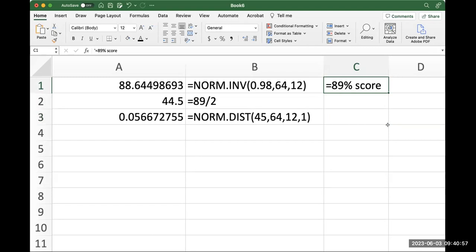So it's a really low score to be half of hers, it seems like, because it was not exactly a tight distribution, but the average score was 64 with a standard deviation of 12.